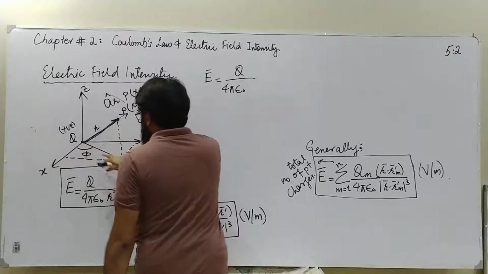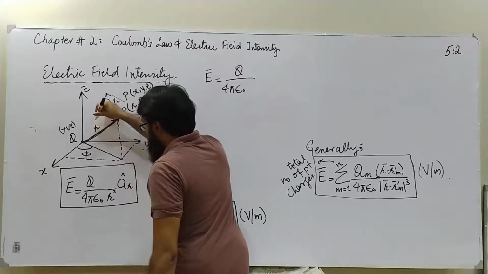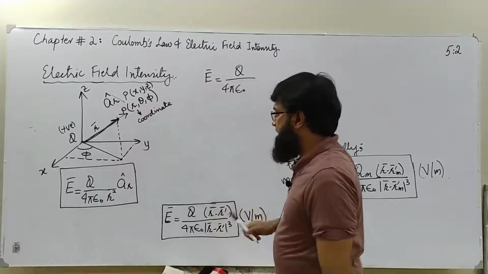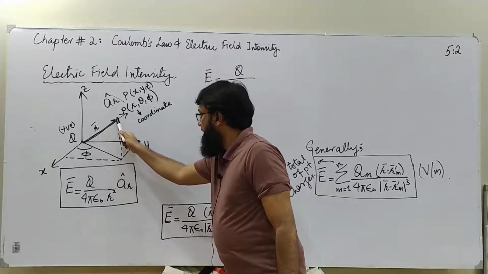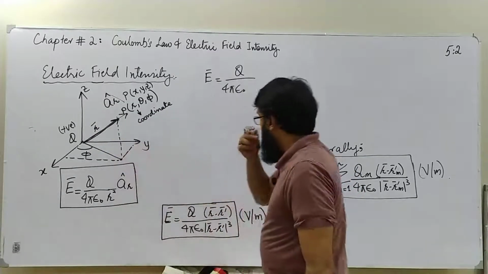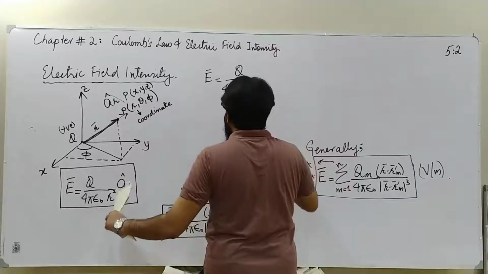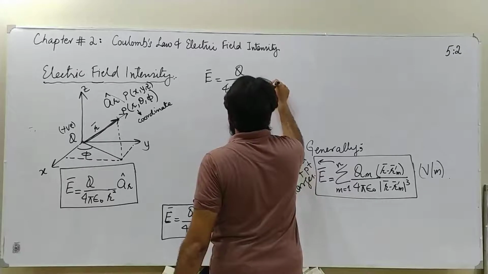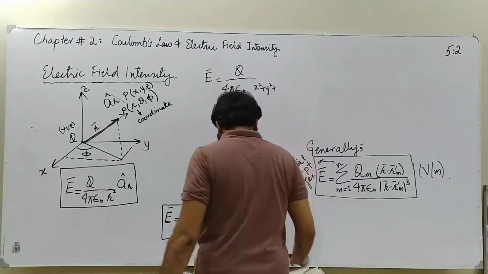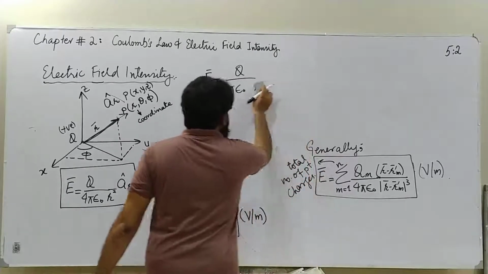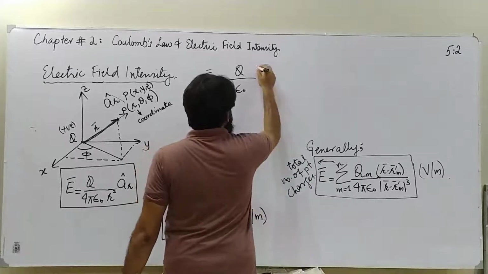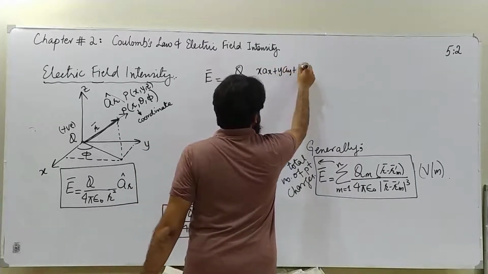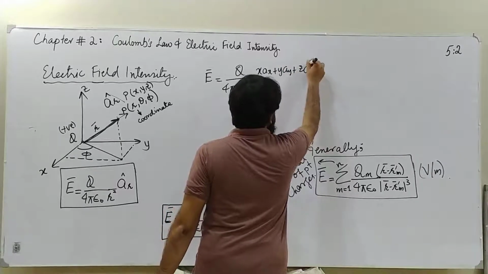Since we are in the Cartesian coordinate system, we have to find the vector that starts from 0 and ends at point P, which would be x ax plus y ay plus z az.